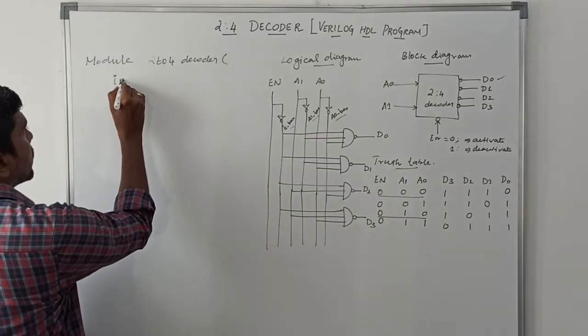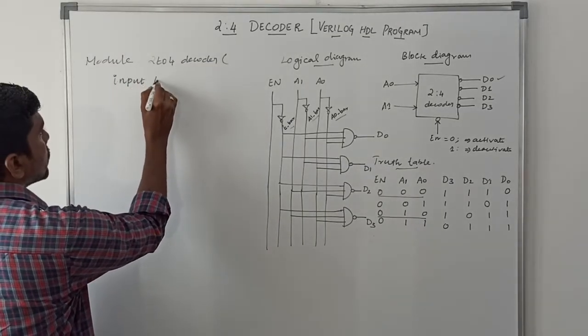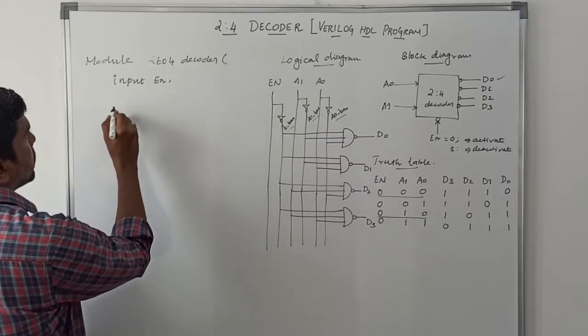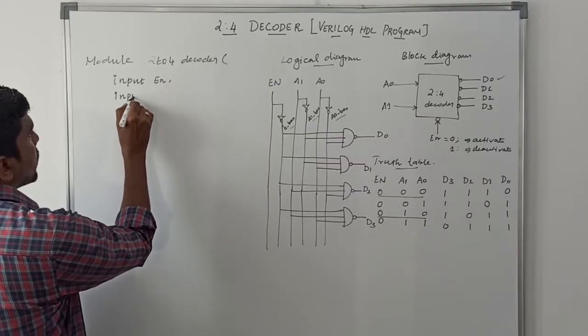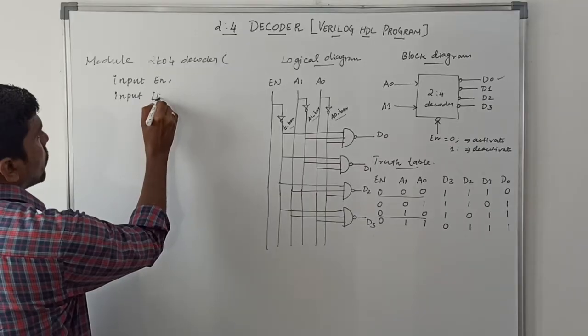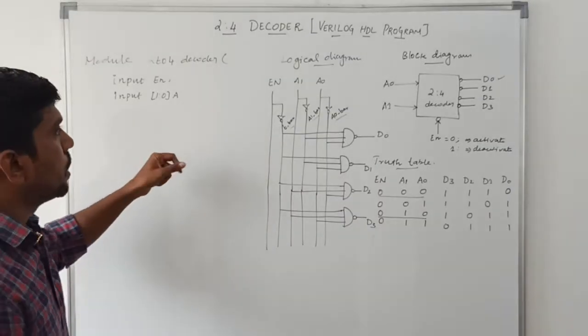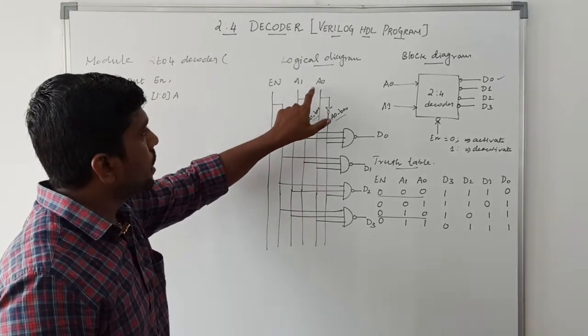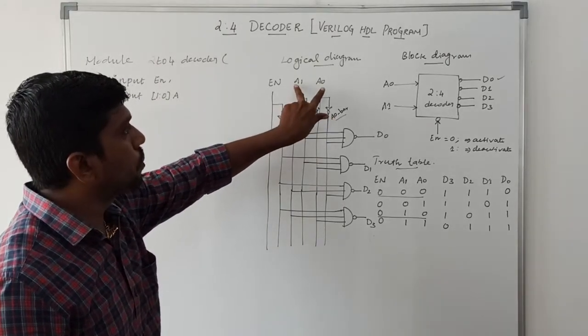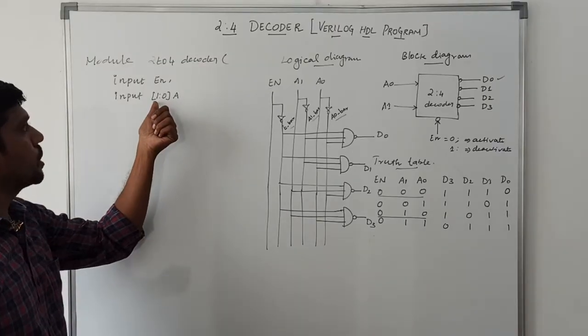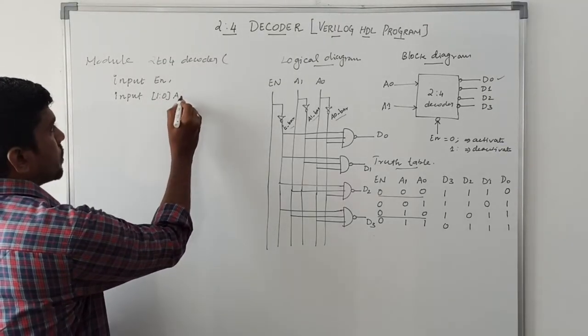First I declare the input EN, the enable signal. Then the next input is [1:0] A. This 1:0 represents a vector. Here we are using the variables A0 and A1, so two variables.